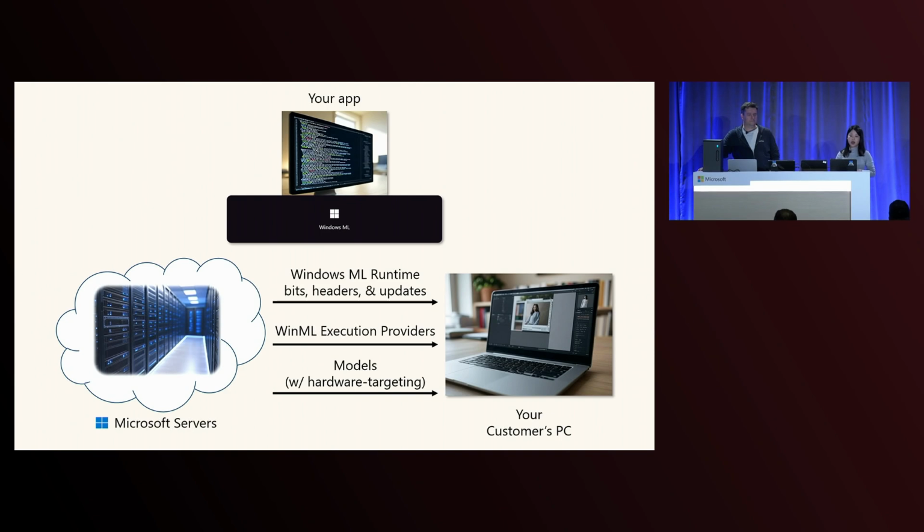And suppose you've trained a custom model and have multiple variants that work on AMD, Qualcomm, Intel, and NVIDIA. If you upload your app to Microsoft Store and reference these models as resource packs with metadata indicating which hardware each model is targeting, then WinML will make sure that only the correct version of the model is downloaded when your app is installed.